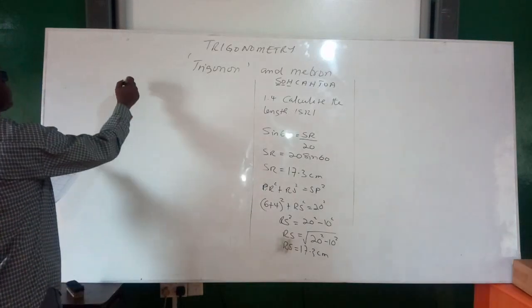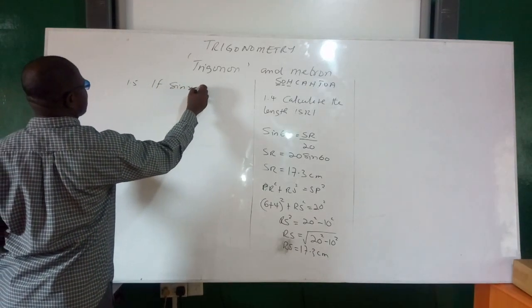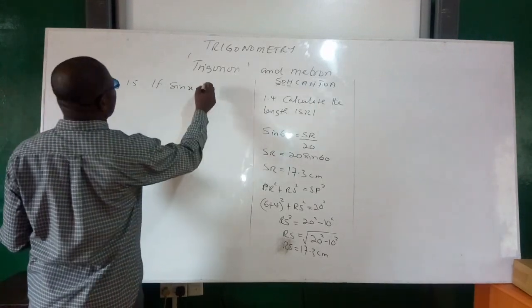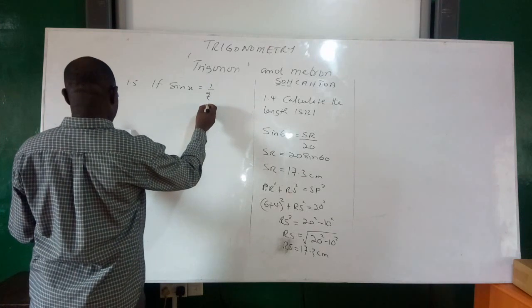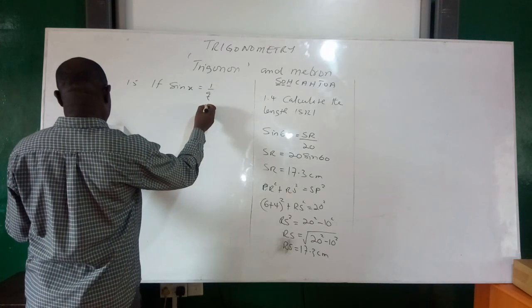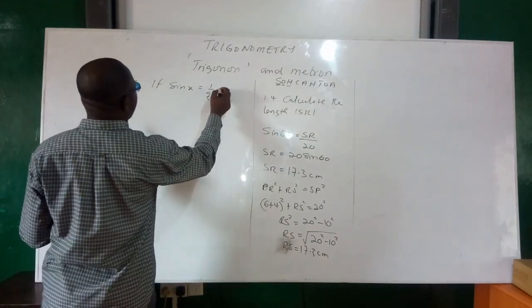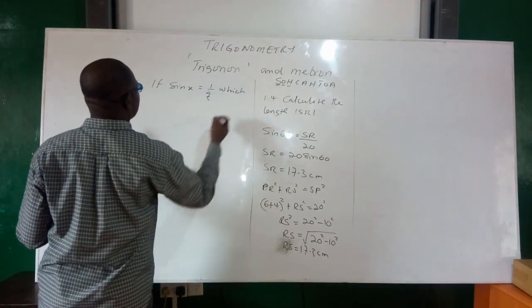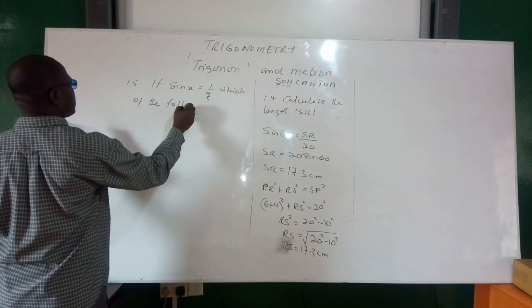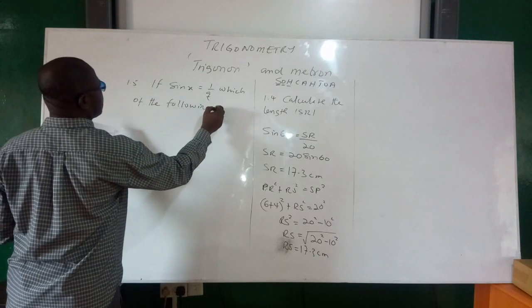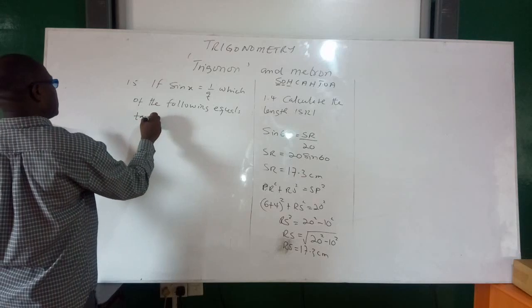Question 5 says that if sine x is equal to 1 over q, which of the following equals tan x?